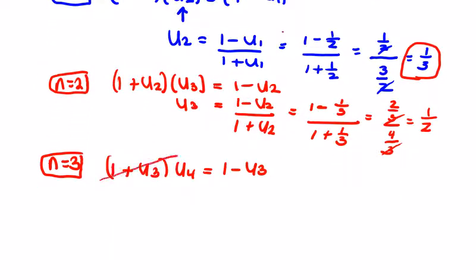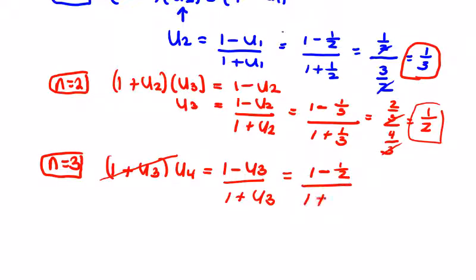So we're going to get 1 minus u3, which is a half, over 1 plus a half, which we've seen up here is equal to a third. It's the same sum. So we are back definitely to our same sequence. Our sequence is 1 over 2, 1 over 3, 1 over 2, 1 over 3.